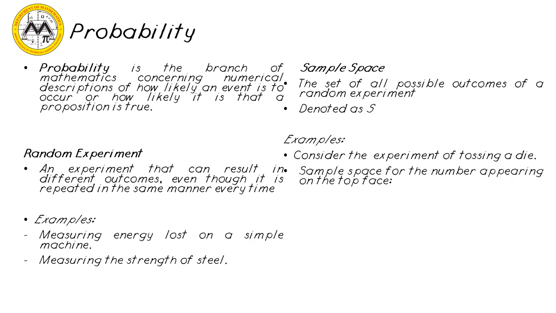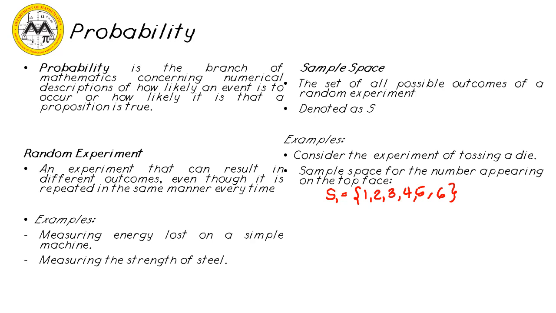So if you're going to have the sample space for the number appearing on the top face, we will be having the sample space S is equal to 1, 2, 3, 4, 5, and 6.